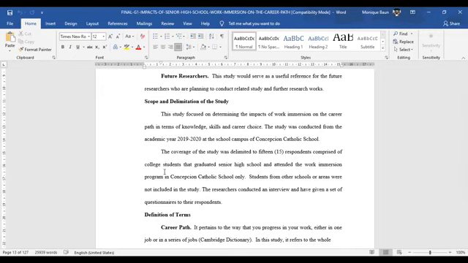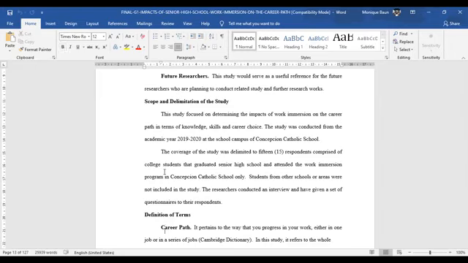Scope, okay, it is for the students of Concepcion Catholic School during the academic year 2019-2020. The limitation, it is only limited to 15 students of Concepcion Catholic School only. So probably these are grade 12 students only, okay?